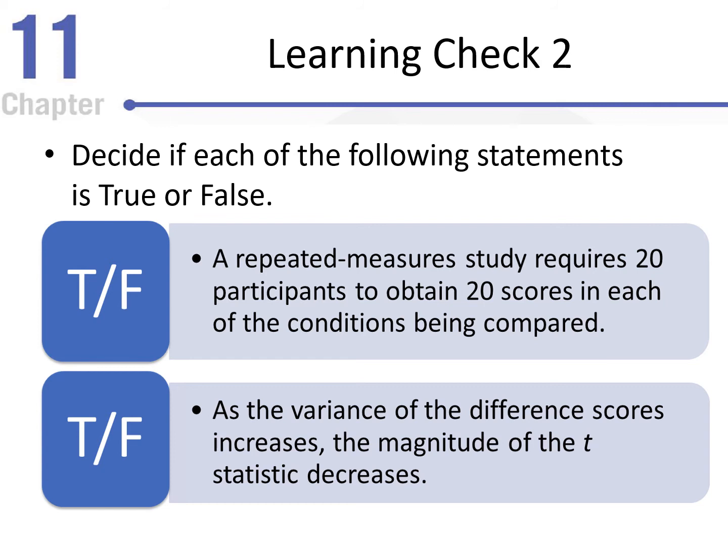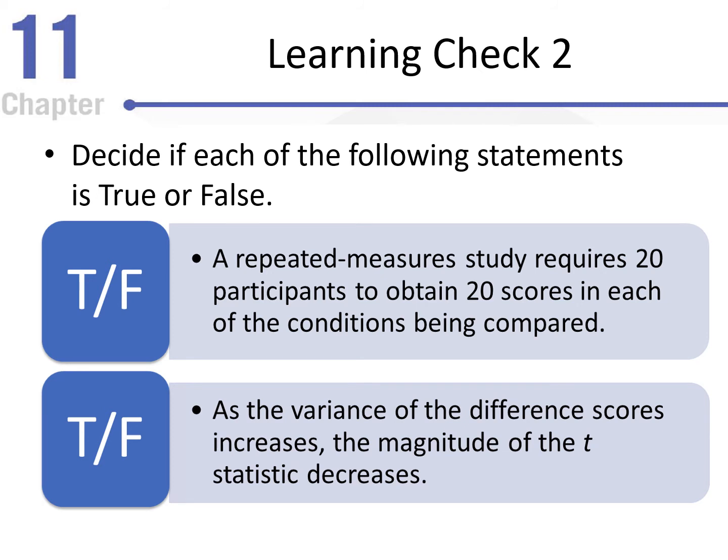As the variance of the difference scores increases, the magnitude of the t-statistic decreases. Well, that's what happens. Once the variance goes up, variance is in the denominator of the t-statistic. So as variance goes up, the denominator gets bigger, and if the denominator gets bigger, then the t-statistic overall gets smaller.